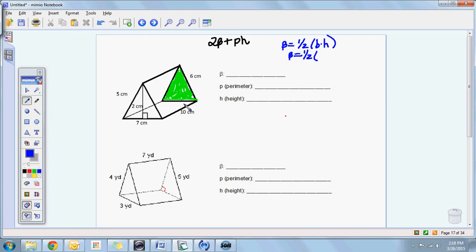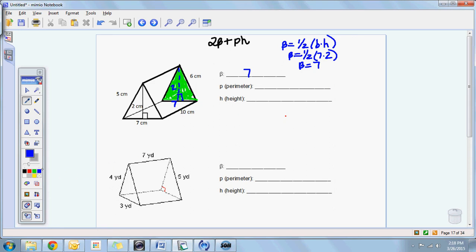So I'm going to go up to the other triangle, which is exactly the same. So that means that this is 7, and I don't see a perpendicular height given. So I'm going to look up at the front. Oh, it's 2. Sometimes you have to use the other base to get some of your information. So I'm going to do 7 times 2. So my base area would be 7.